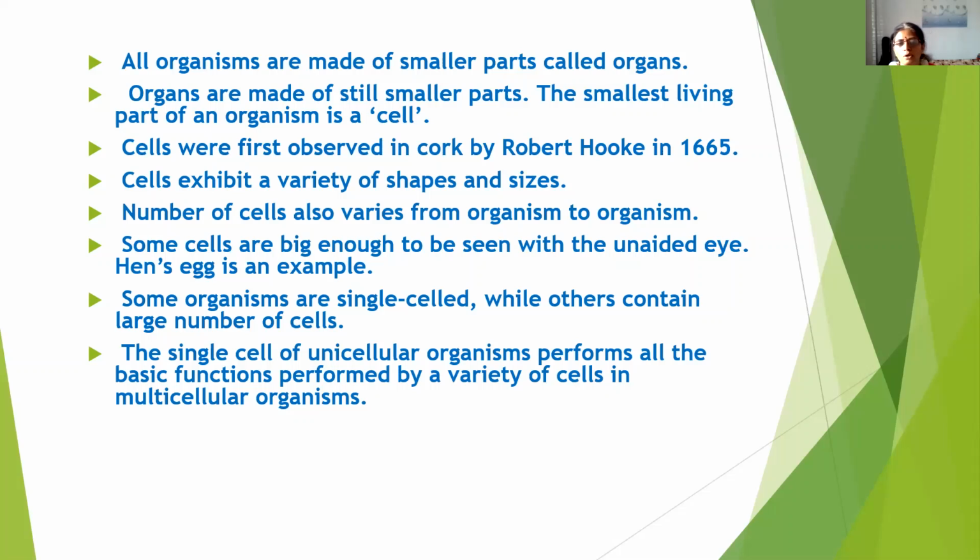What are unicellular organisms? Organisms whose body is made up of a single cell are called unicellular organisms. And what are multicellular organisms? Organisms whose body is made up of more than one cell, a large number of cells, are called multicellular organisms.